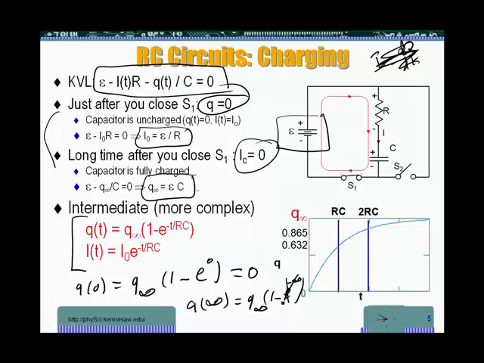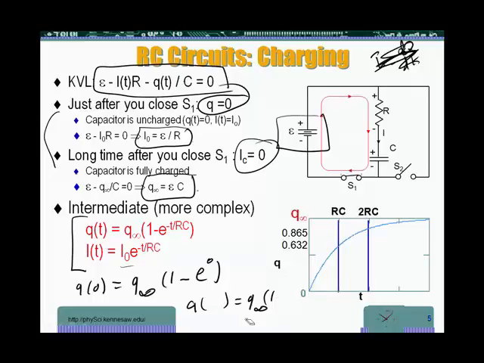So that leaves us with Q infinity. I can apply the same rules for current. At time t equals 0, I get I0 because the exponential term is going to be 1. At infinity, the exponential term becomes 0, so I is 0. Okay? So the equations work.